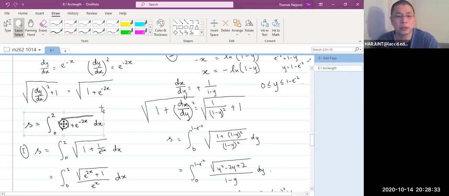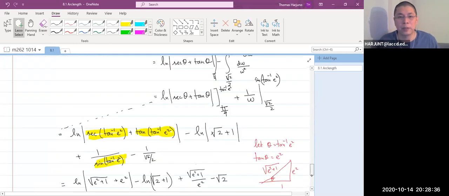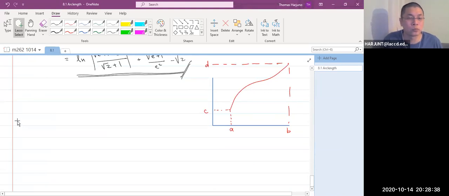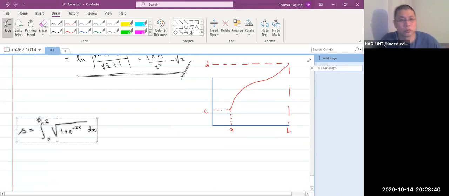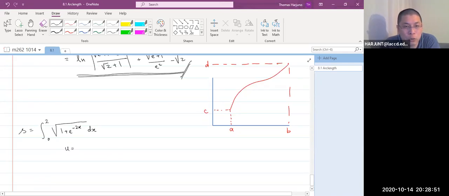Just the integration, not flipping it. I can do the following. I say u equals 1 plus e to the negative 2x.